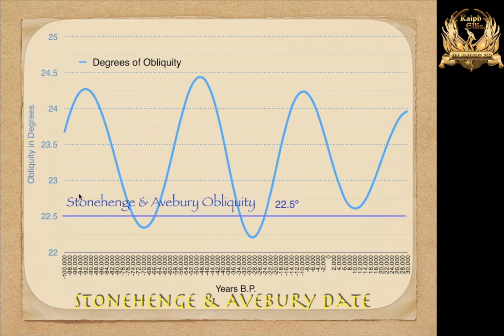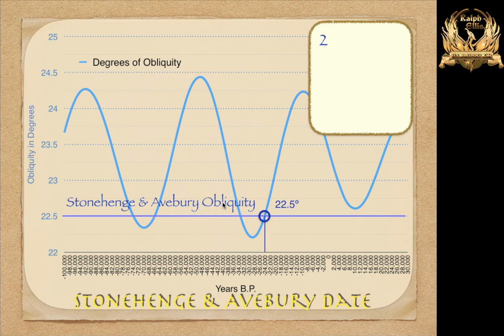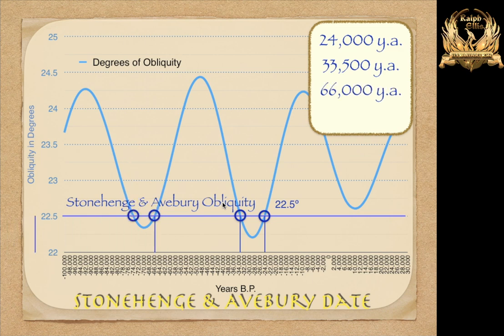But this time this is the Stonehenge and Avebury obliquity, because they are both exactly the same. And from that we get these dates that we've seen previously. So what we're saying is the youngest we can get for Stonehenge and Avebury is 24,000 years ago.